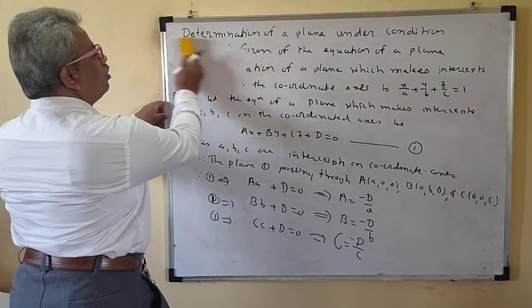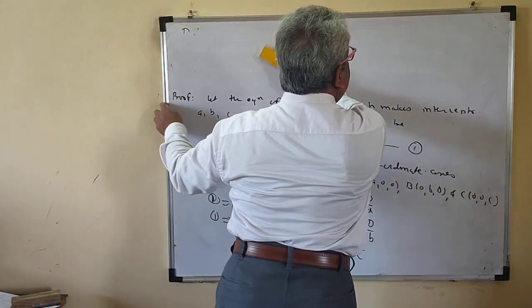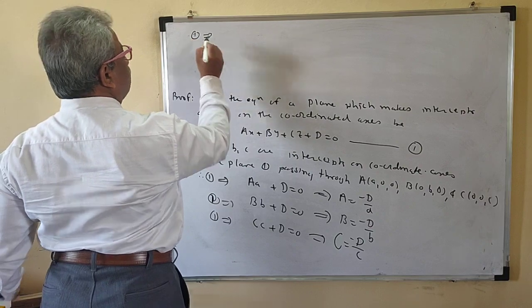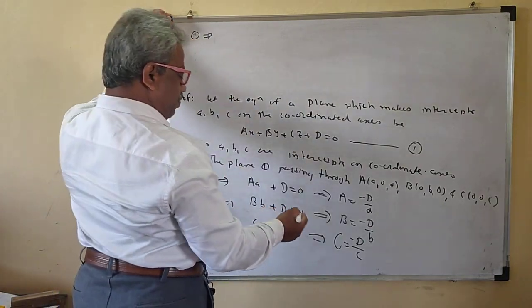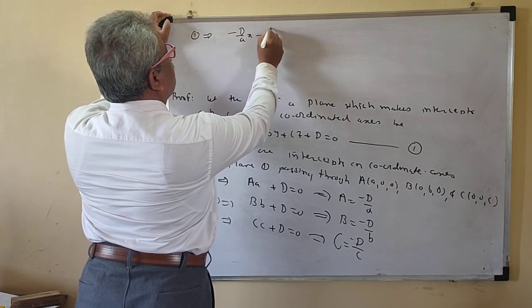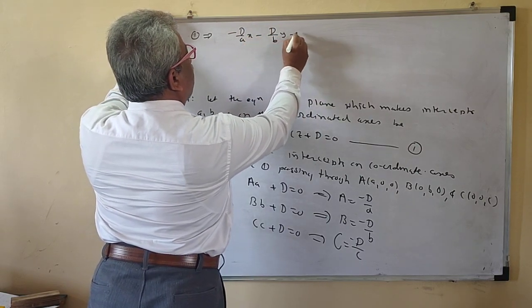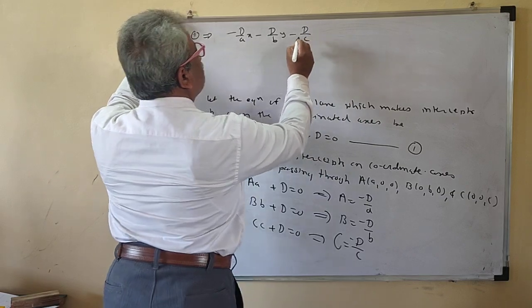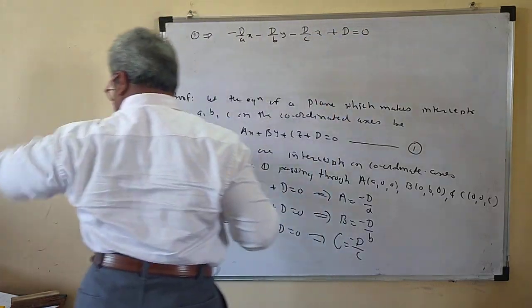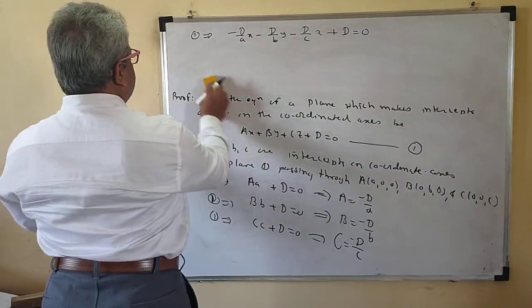Now you can put the values of capital A, B, C: minus D upon a x, minus D upon b y, minus D upon c z, plus D is equal to 0.